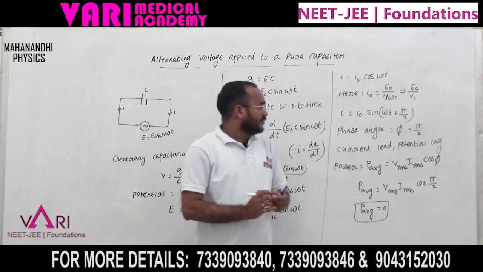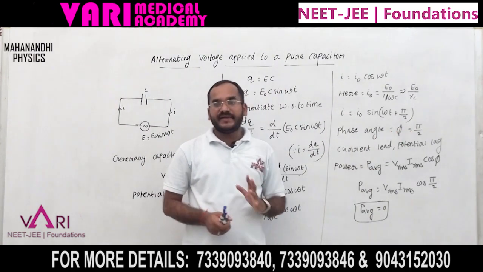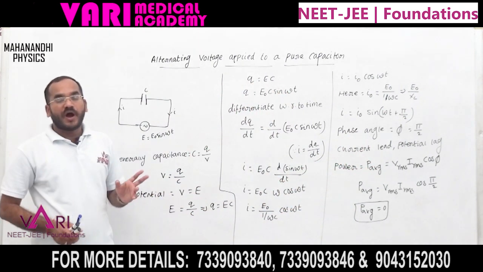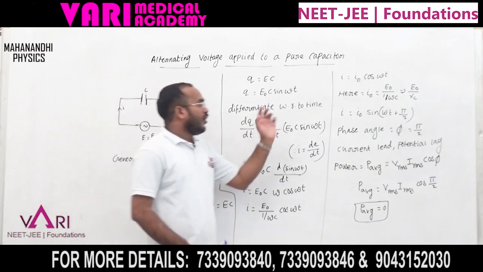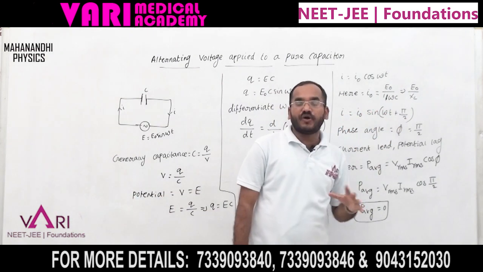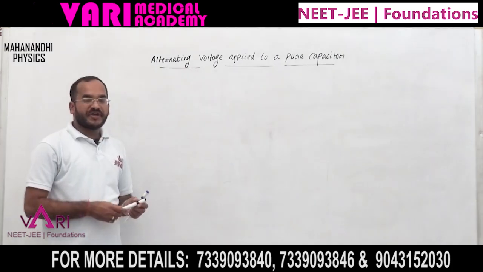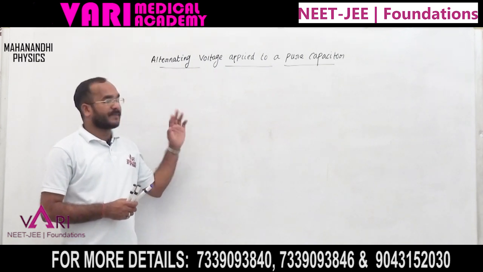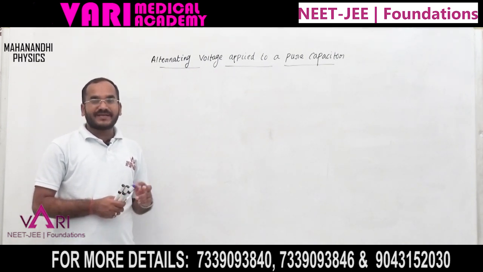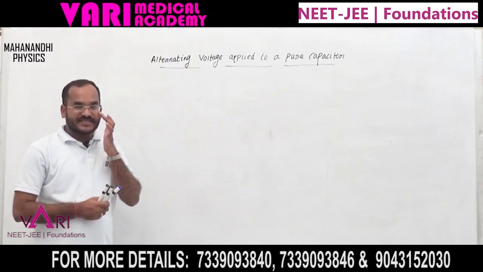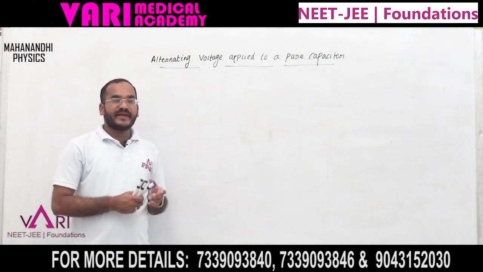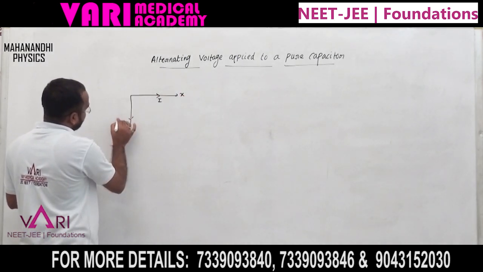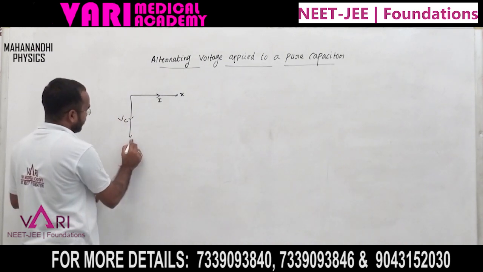Now we will discuss how to represent this phase angle, with current leading and potential lagging, graphically, the waveform, and how to find the capacitive reactance XC. For the capacitor, the potential lags and the current leads, by a phase angle of 90 degrees. Taking the current on the x axis, the potential VC is considered on the y axis in the negative direction.